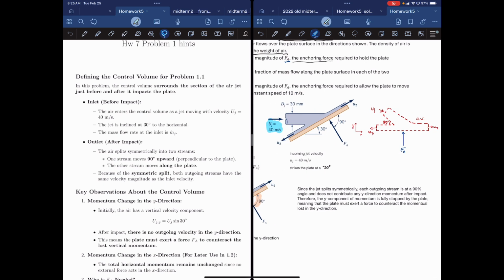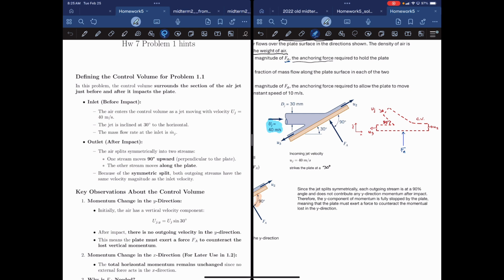This is just to show more clarity. The inlet is before impact, and the control volume surrounds a section of the air jet just before and after it impacts the plate. The air enters the control volume as a jet moving with velocity 40 meters per second, inclined at 30 degrees to the horizontal.